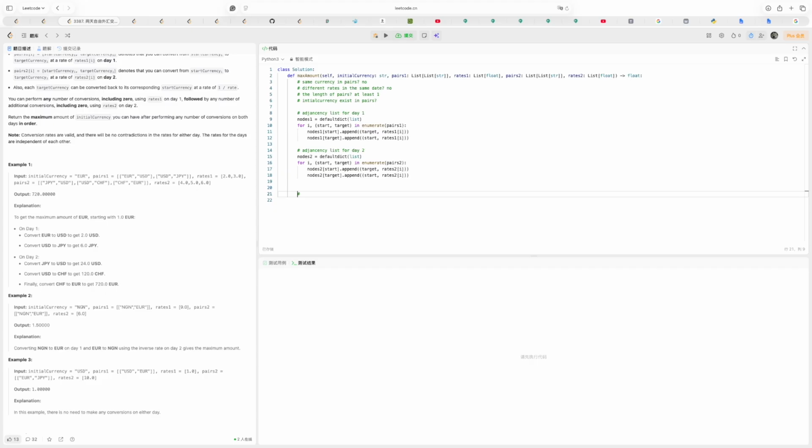And then we will walk through the graph and keep track of the currency, the amount of exchanging the currency.